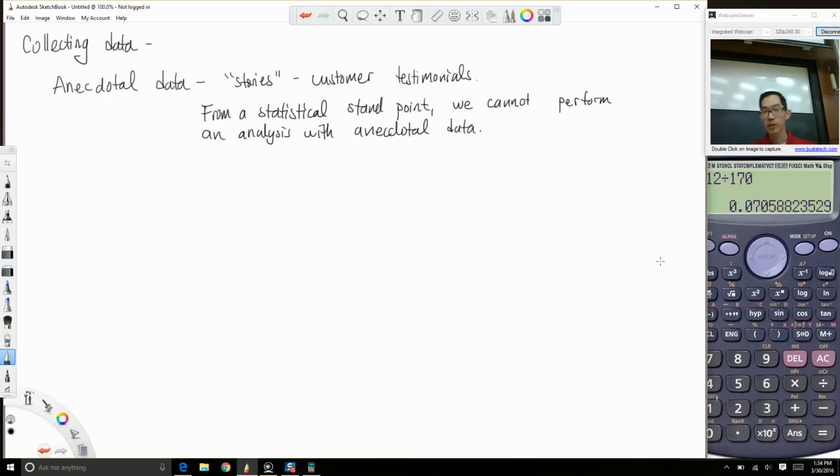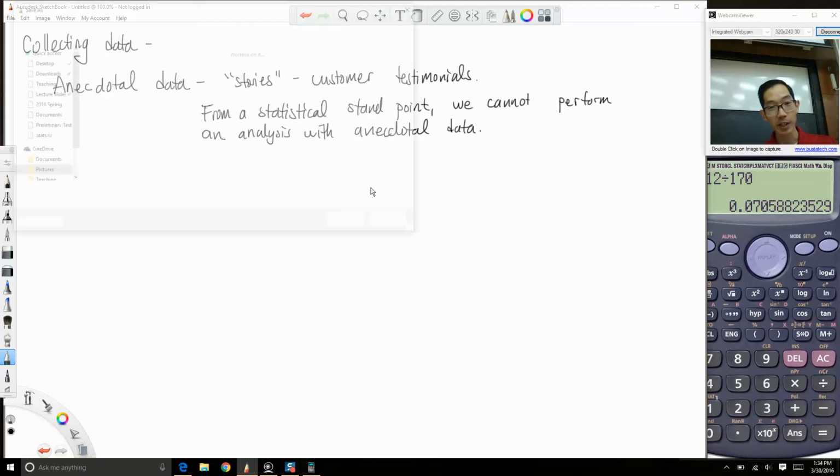Okay, so statisticians generally aren't a huge fan of anecdotal data. Okay, and without properly controlled studies, it's hard to give much weight to conclusions or findings from anecdotal data. Okay.